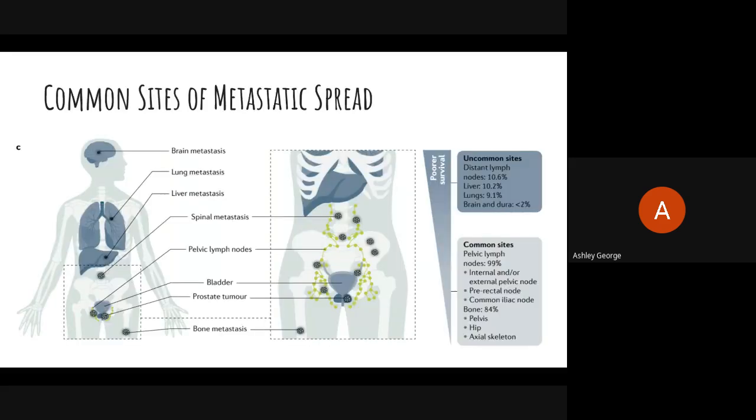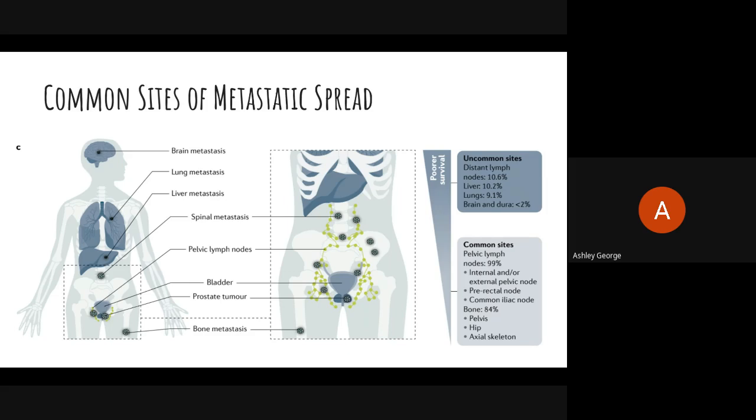So here are some common sites of metastatic spread. We see that there are some common sites here on this left-hand side. The pelvic lymph nodes a lot of times are where we'll get metastasis of prostate cancer. Another important area is the bone. And then the pelvis, the hip, the axial skeleton.